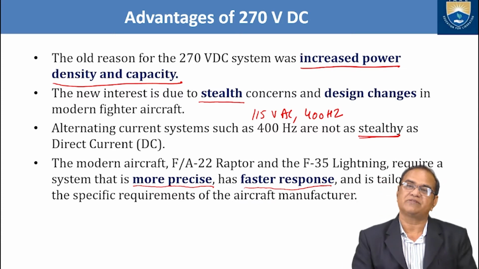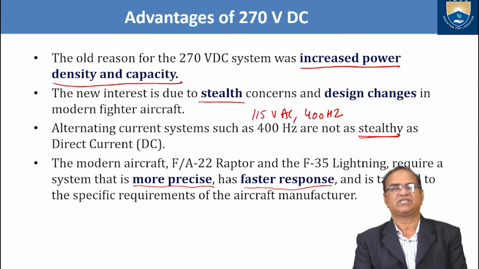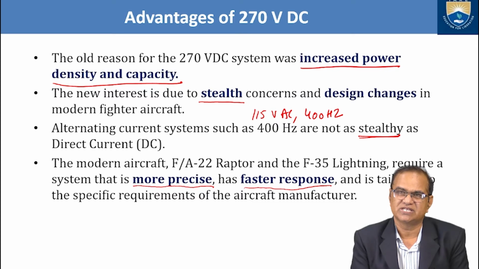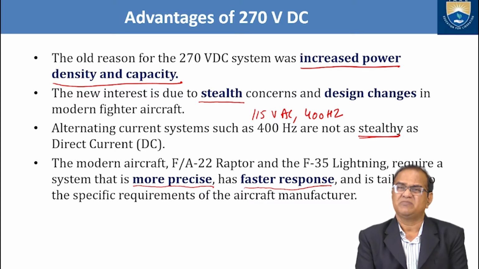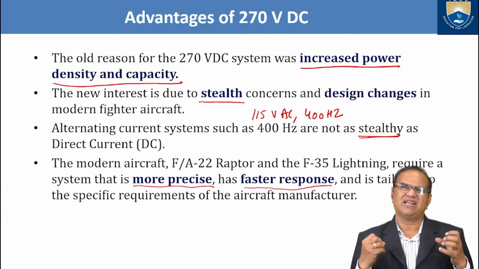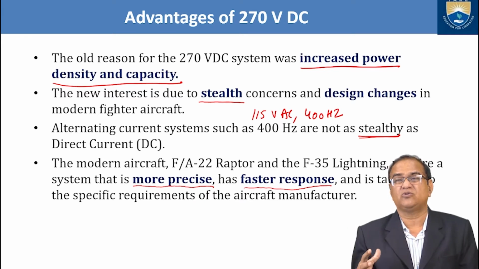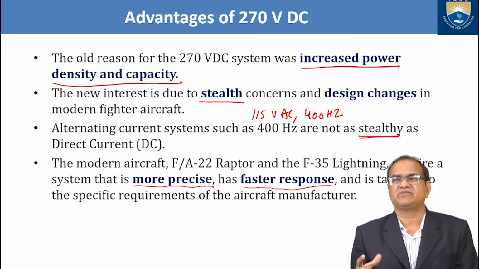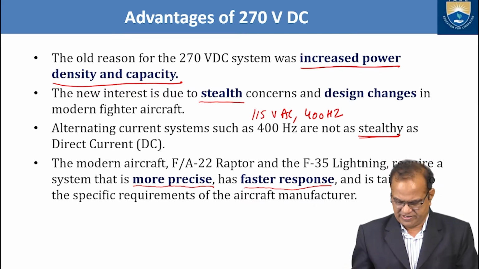A few more are there, and all are aircraft of US origin. They are using this 270 volt DC because it gives very precise and very fast response. Electrical signals go very smoothly, and it also avoids circuit problems and fault diagnosis issues.